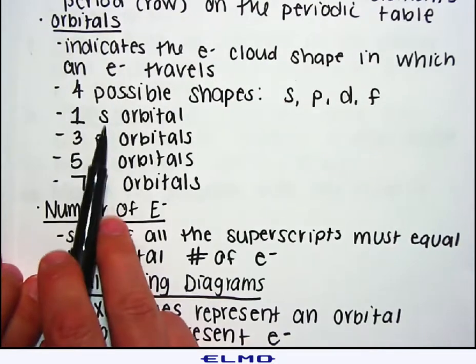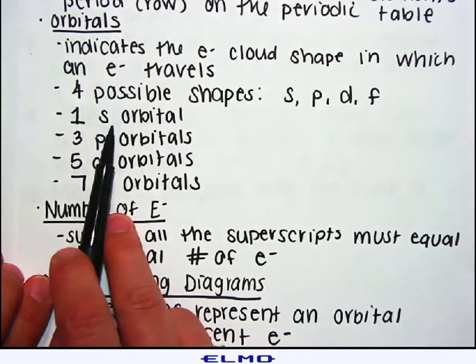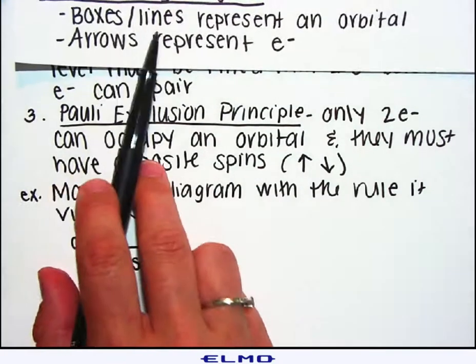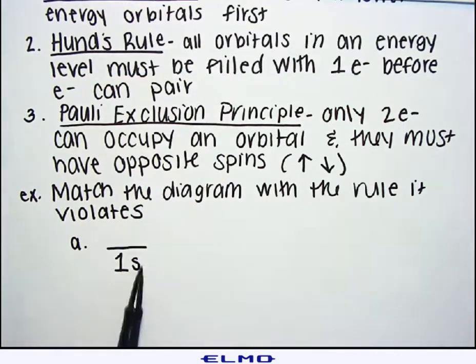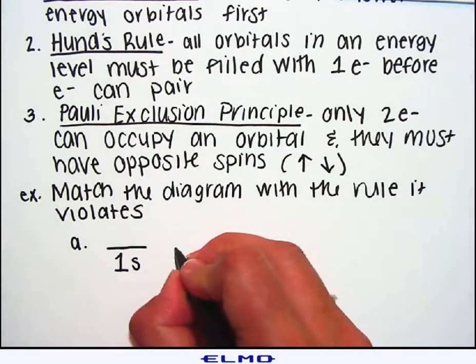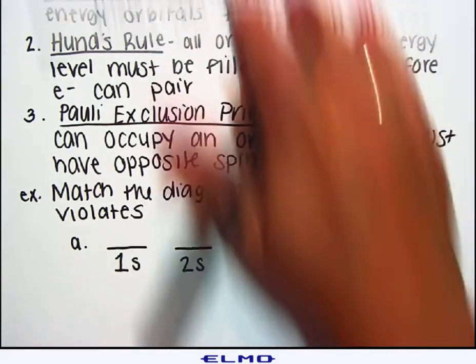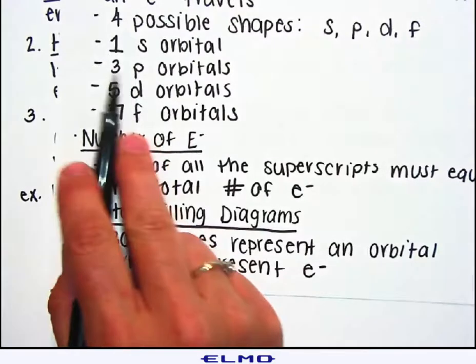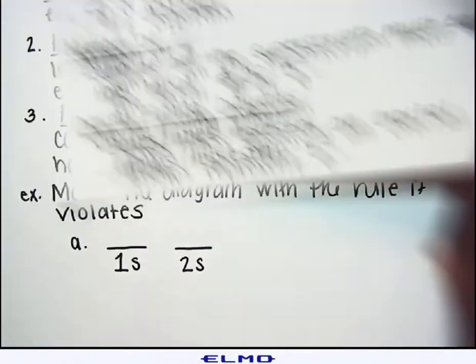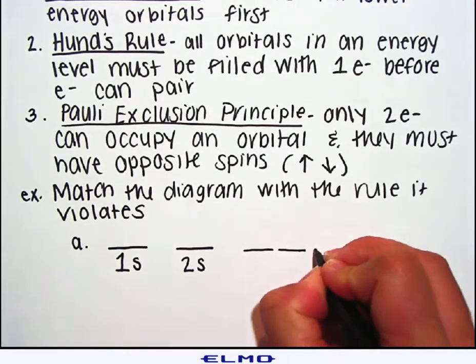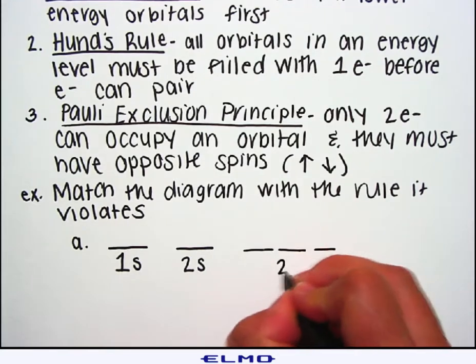Remember we said there is only 1 s orbital, and the box or the line represents the orbital. So an s orbital only has 1 line. But there are 3 p orbitals. So anytime you draw a p orbital, we need 3 lines.